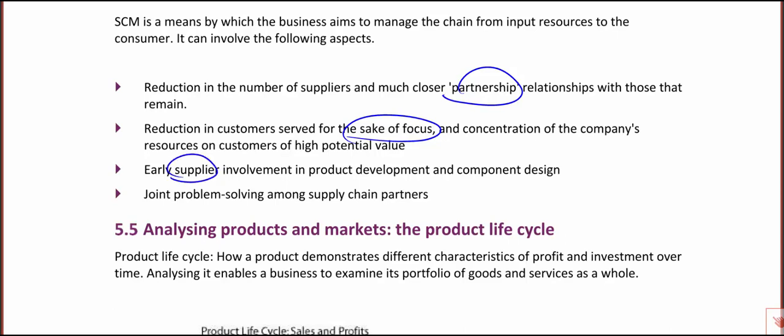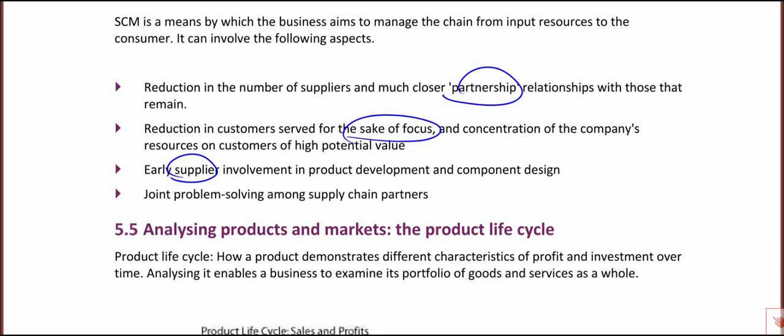Trying to involve my supplier early on in terms of new products. So for example, if I'm designing a new car and I know that my new car is going to have a particular style of front bumper and light assembly, I can go to the supplier who supplies those goods to me and say, look, this is what we're thinking of doing. How possible is this? How feasible is it in terms of cost, and can you suggest anything that we might want to consider to make it a bit better?